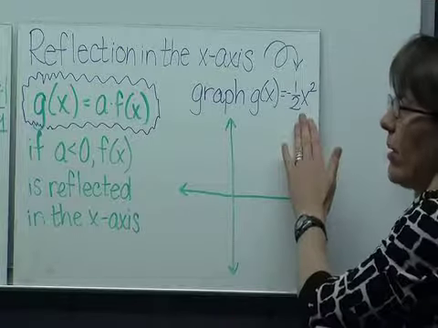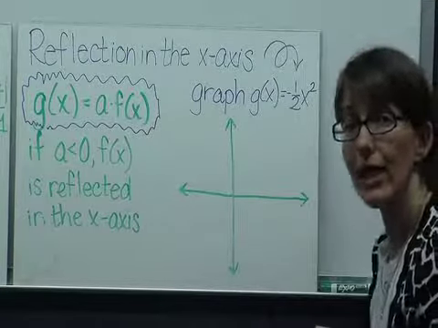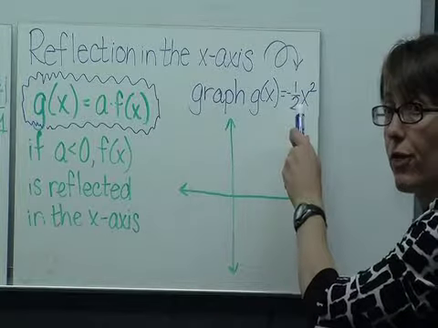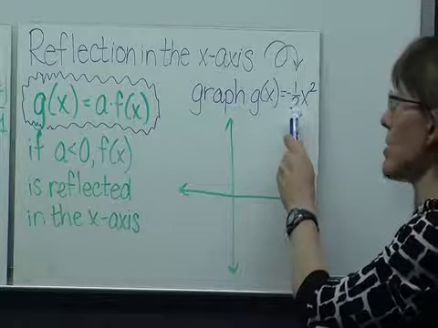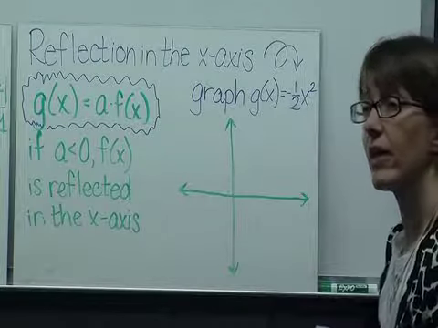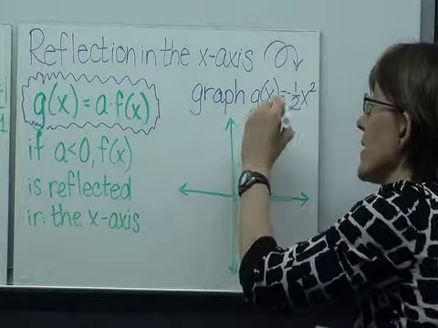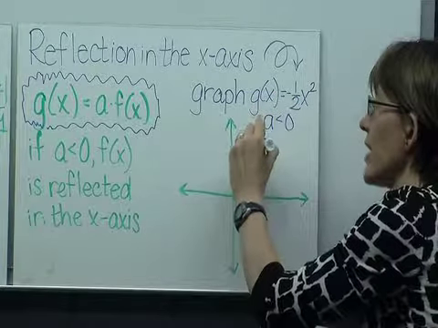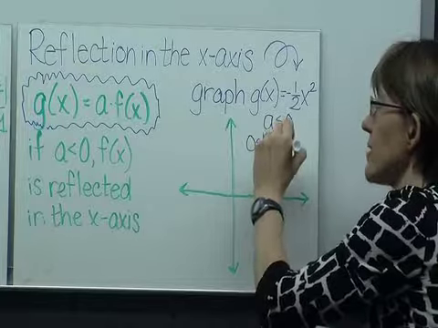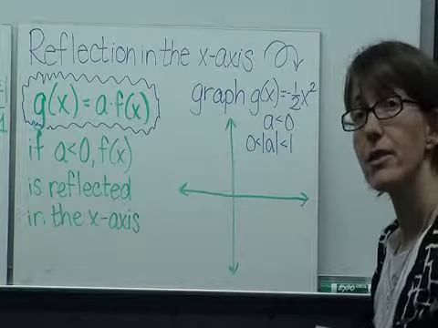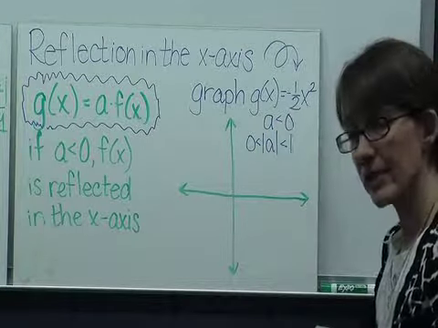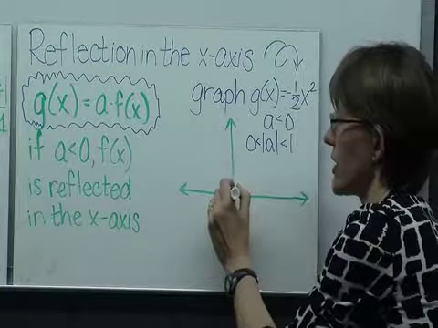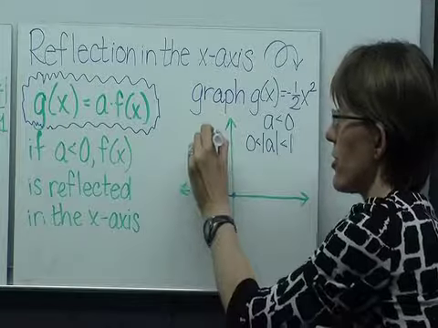In this example, I've combined 2 things in my quadratic. I have a negative, so it's going to get flipped, and 1/2. Here, a is less than 0, and the absolute value of a is in between 0 and 1. So that means that this graph is going to flip upside down and get wider. I'll just draw a quick sketch of the parent function for a visual reference.